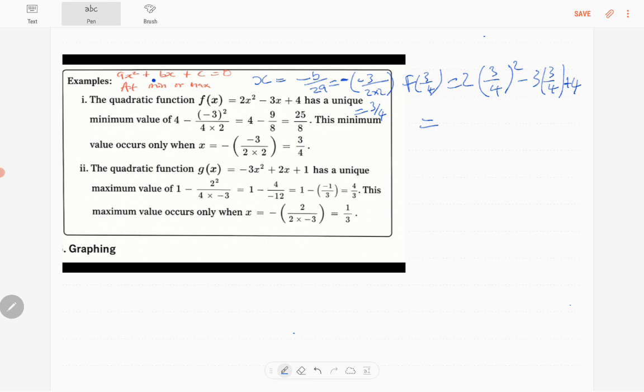This will give us 2 times 9 over 16, minus 9 over 4, plus 4.